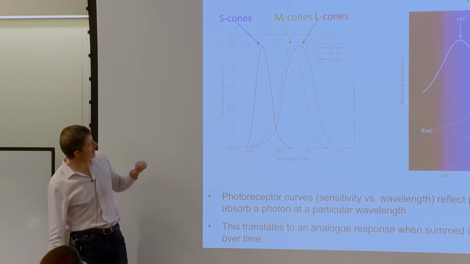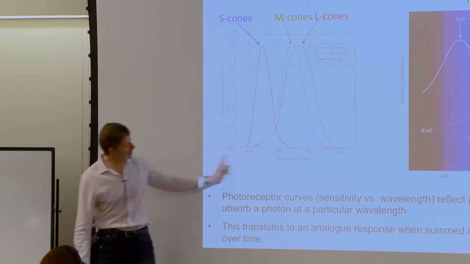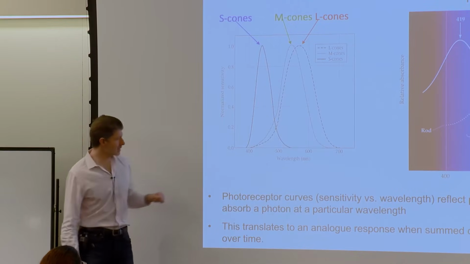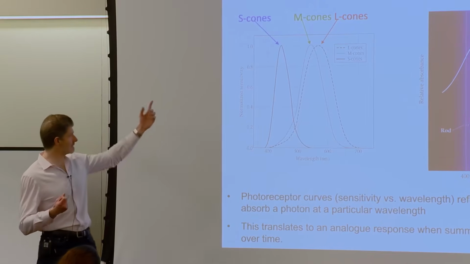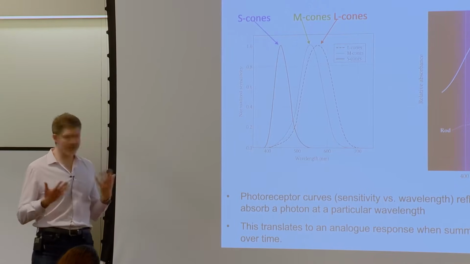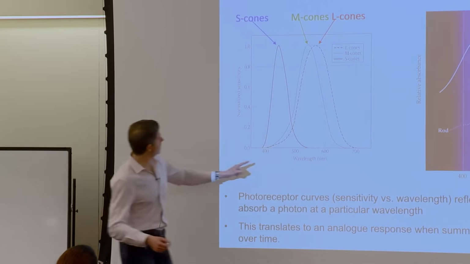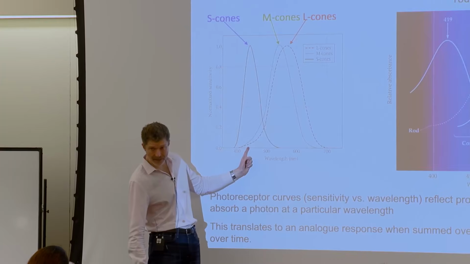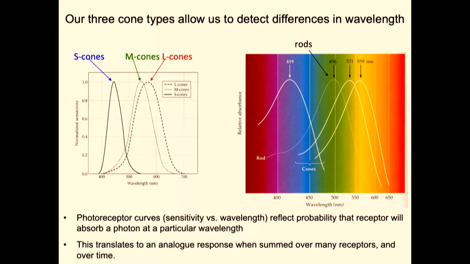This graph is plotting normalized sensitivity as a function of wavelength. You can think of these curves as reflecting the probability that one of these types of receptor will absorb a photon at a particular wavelength. So for the S cone, it's really good at absorbing around 450 nanometers and really not absorbing at all at 600 and 700 nanometers.